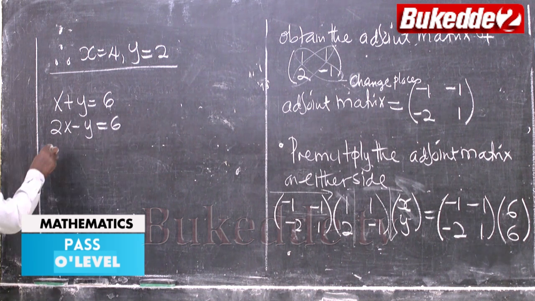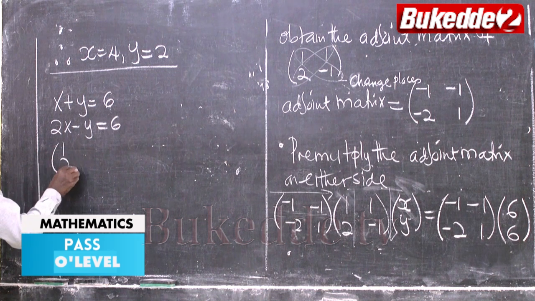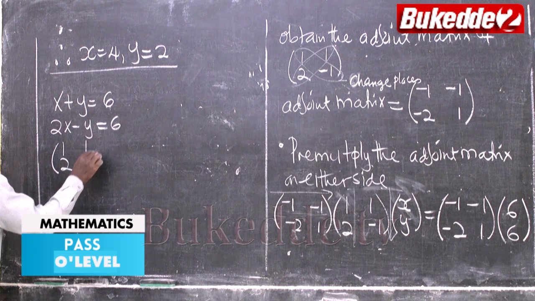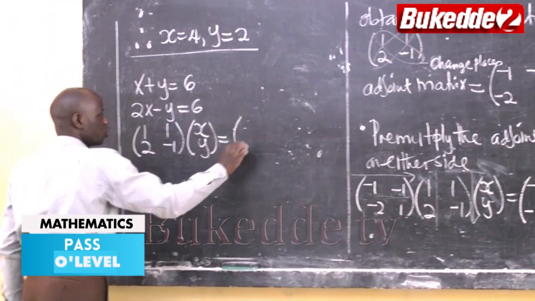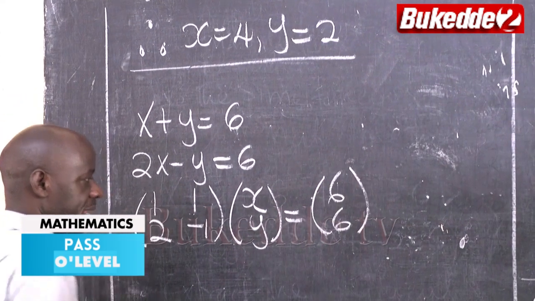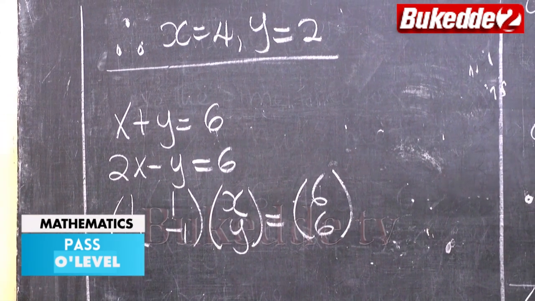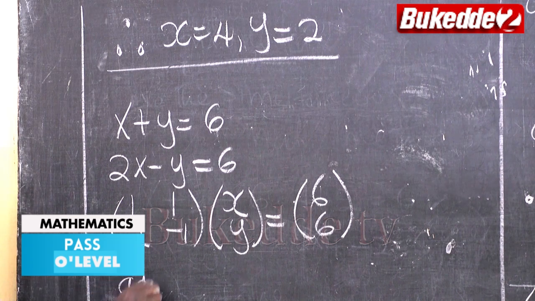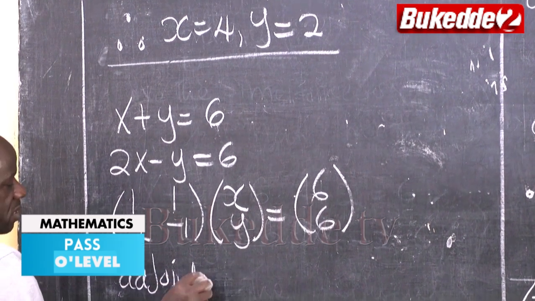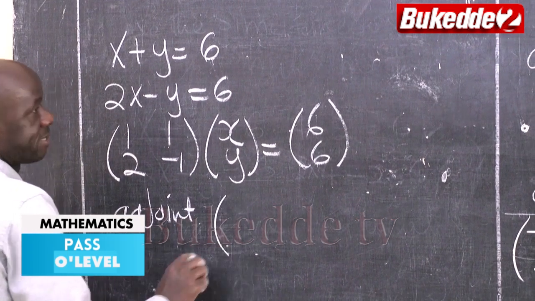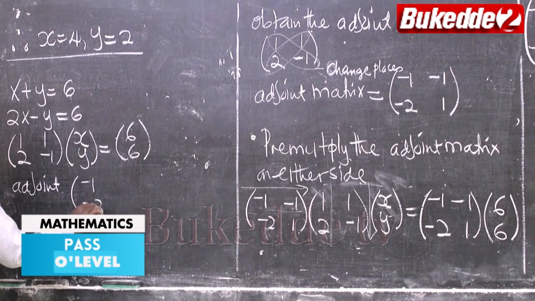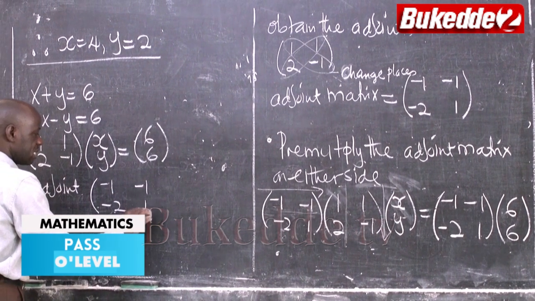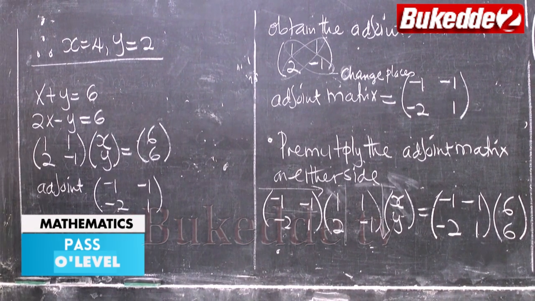We have extracted our matrix, which is 1, 2, 1, negative 1 into xy to be equal to 6, 6, like that. We've gone ahead to obtain the adjoint, which is negative 1, negative 2, negative 1, 1, as previously.